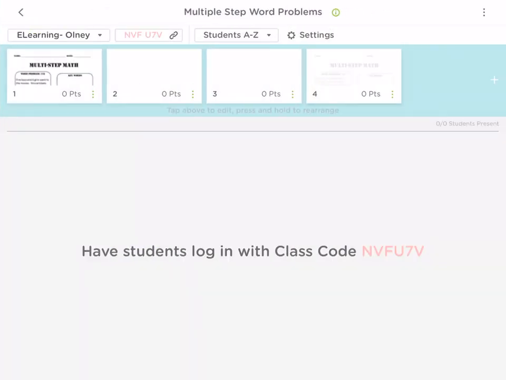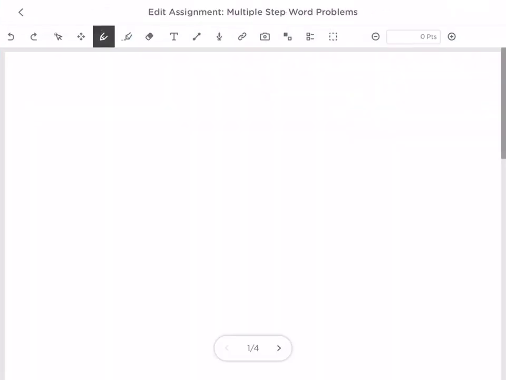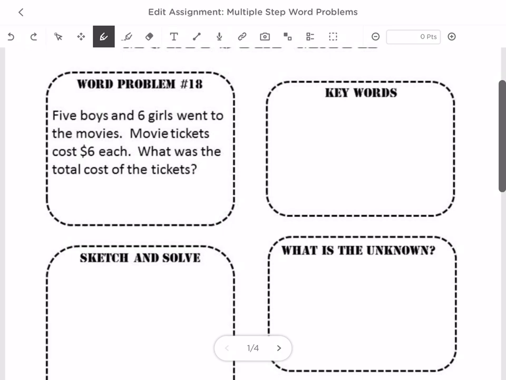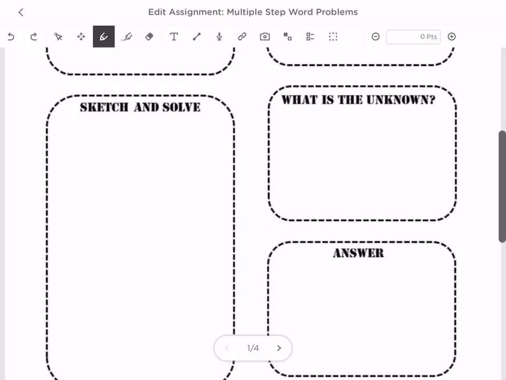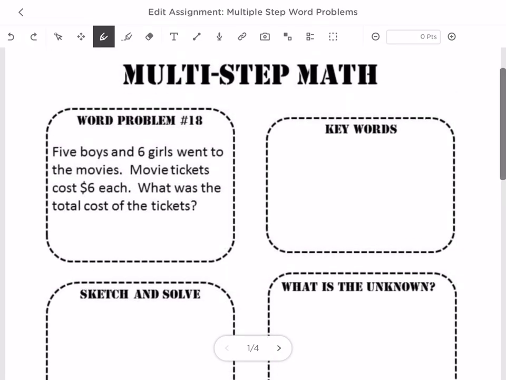Right here, multiple step word problem. Sorry about that, I wasn't seeing it. All right, all of your sheets are going to look like this. It's very similar to what we were just doing, and I'm going to tell you what we want in each box. So first you're going to read the problem.